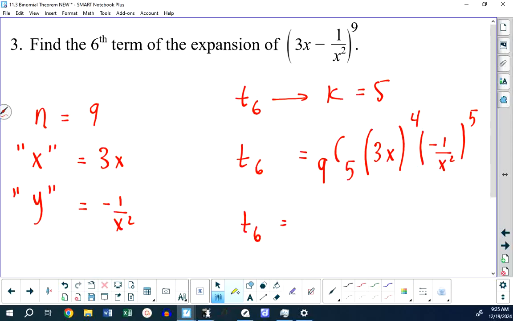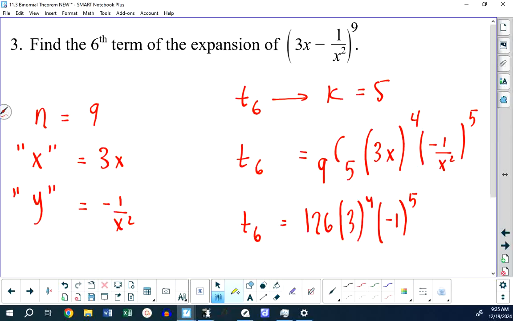Is 9 choose 5 120? No. 126? 126. So 126. This will also contain a 3 to the 4 as part of the coefficient. It will also contain a negative 1 to the 5 as part of the coefficient. What I'm doing is I'm extracting all of the constants and just writing them out in front for you.